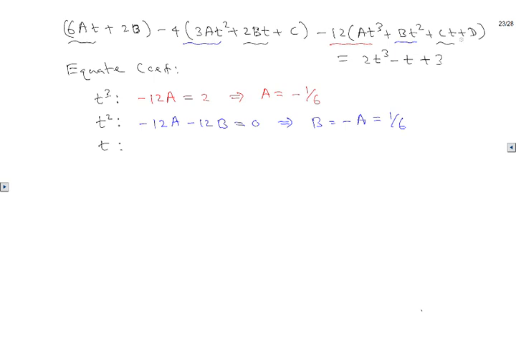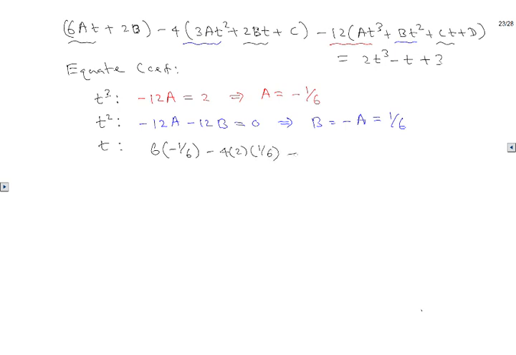So I'm going to start with the first term. It is 6 times a, but a is equal to −1/6, so I'm going to plug in those values. Then −4 times 2b, and b we already know is 1/6, so we plug in that value here.